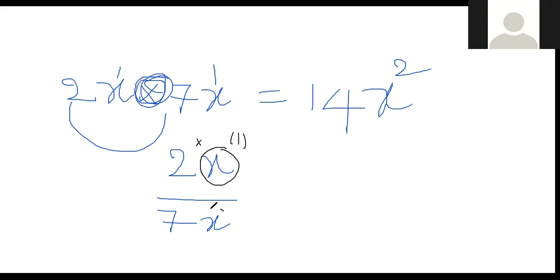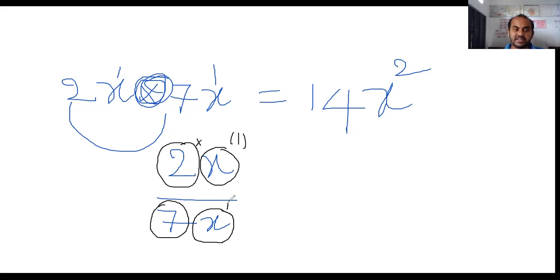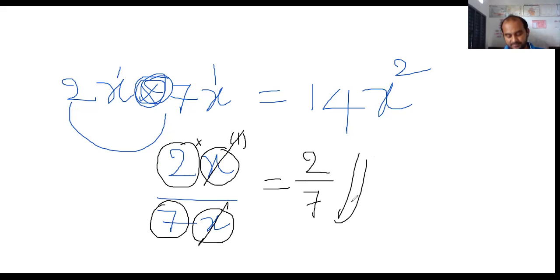In the denominator, the unknown term is x. Don't worry about the coefficient. No need to check the coefficients, they can be any numbers. Here is x and here is also x. You can cancel it. Now the number is 2 here, and the remaining number is 7. The answer of the question is this.